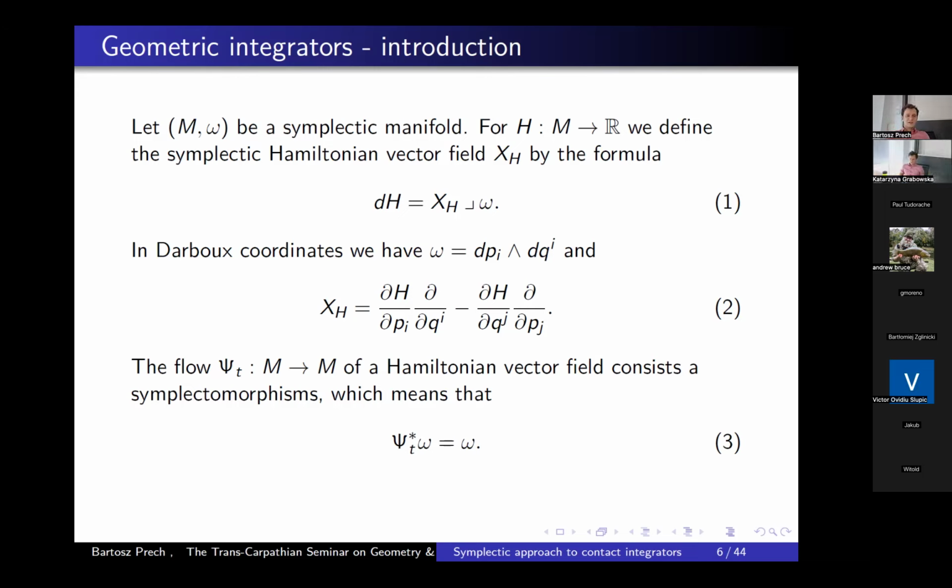And we define a flow of the Hamiltonian vector field so that its pullback preserves the symplectic form. Then we call such a map from symplectic manifold to symplectic manifold a symplectomorphism. The idea of a symplectic integrator is to produce a numerical scheme that reproduces the actual symplectomorphism as a map as close as possible.